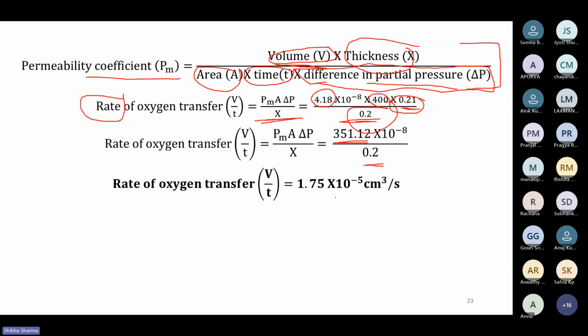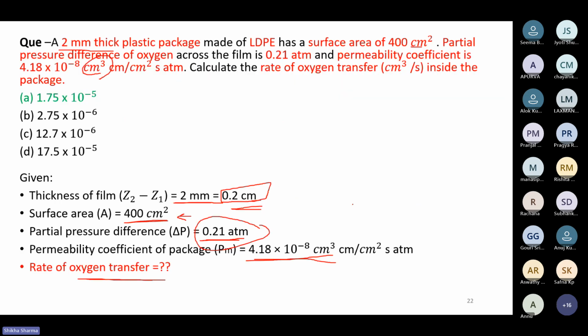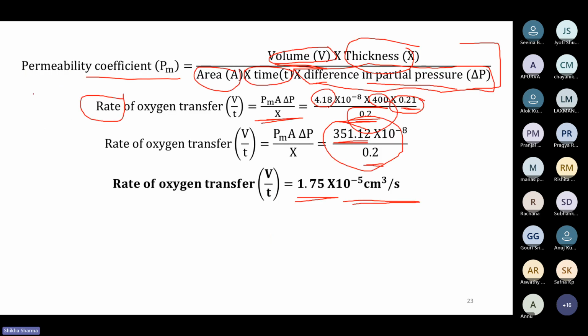So the rate of oxygen transfer, when we solve this, is 1.75 into 10 to the power minus 5 centimeter cube per second. So option A is correct. Is this question clear to everyone?